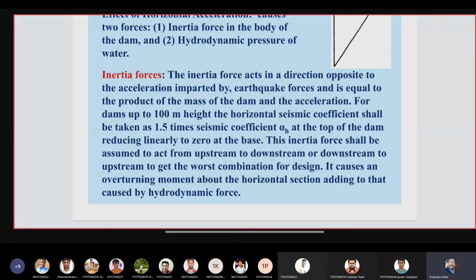So the horizontal force is what? The hydrostatic force is acting upon it, and then this earthquake force would be added to that. So reduction, we are least concerned. If the hydrostatic force is getting reduced, it's okay. We are least concerned about that. It causes an overturning moment about the horizontal section, adding to that caused by the hydrostatic force.